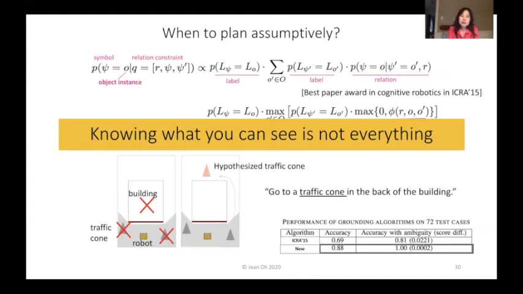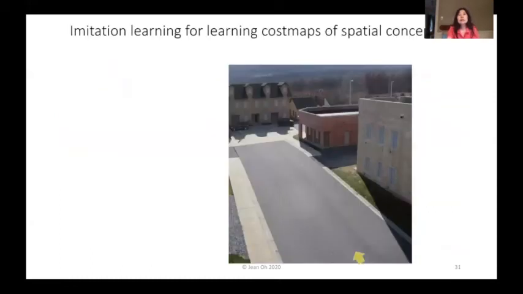And being a probabilistic approach, sometimes it's hard to model the space that's unseen. So including the possibility of the target not being within the field of view was an important key idea here.